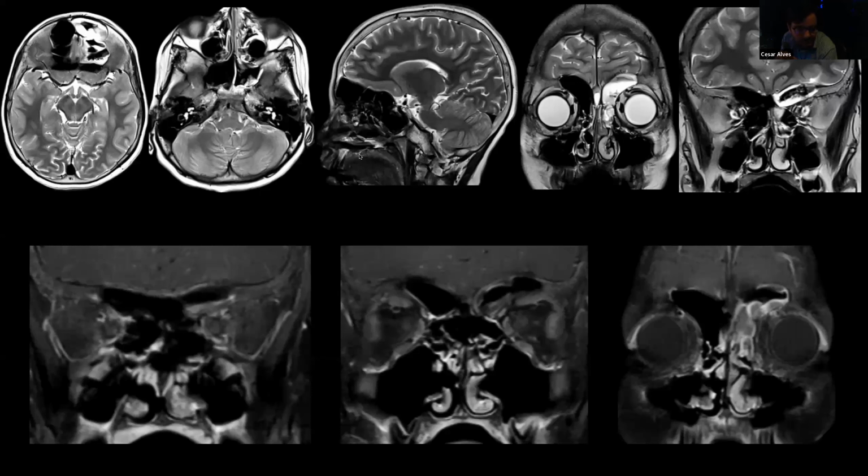Just strange. I don't see so much compression of the optic nerves. The optic chiasm seems normal, so it's just strange to connect both things, although I see the location is close.